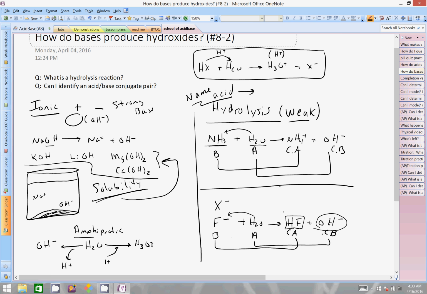So an acid and a base can both produce their respective acid-base component using hydrolysis. You might notice that the formulas aren't exactly the same, but they're close. The base template is X negative plus H2O yields HX plus OH negative.